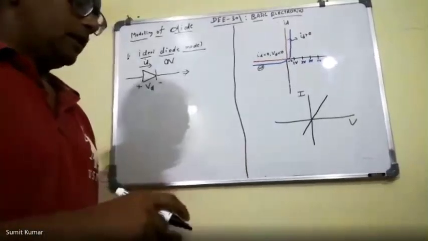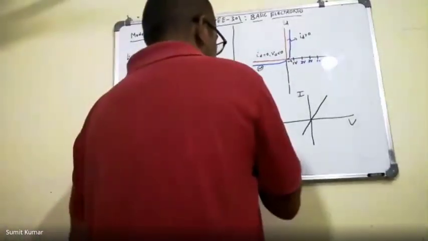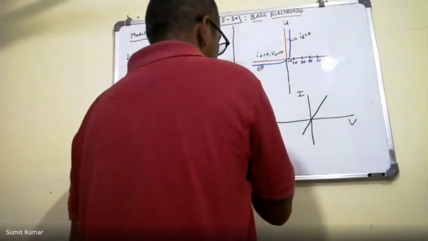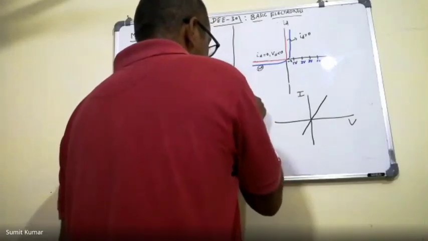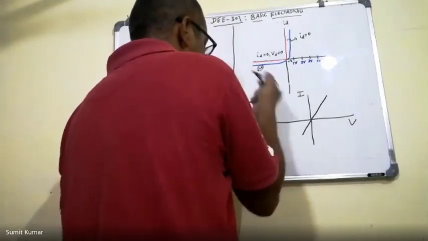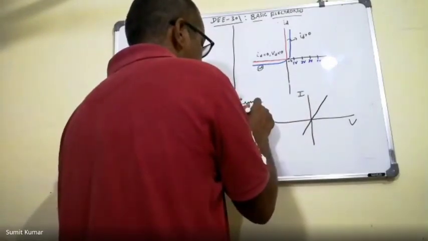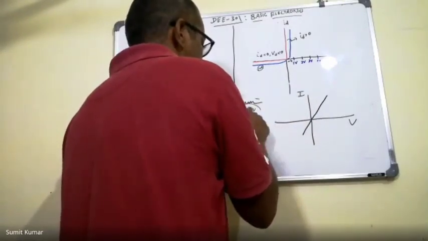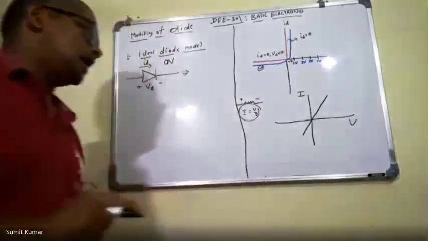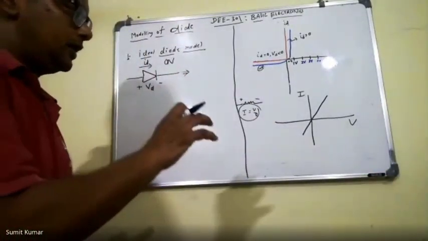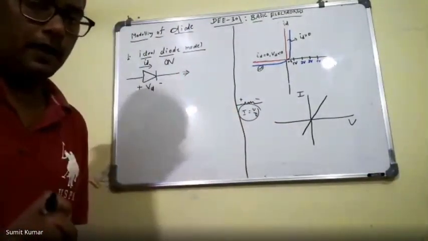If we apply more voltage across the resistor, the current increases, as we know that I equals V by R. So here R comes into the picture, and with the help of this characteristics, how can we find R?